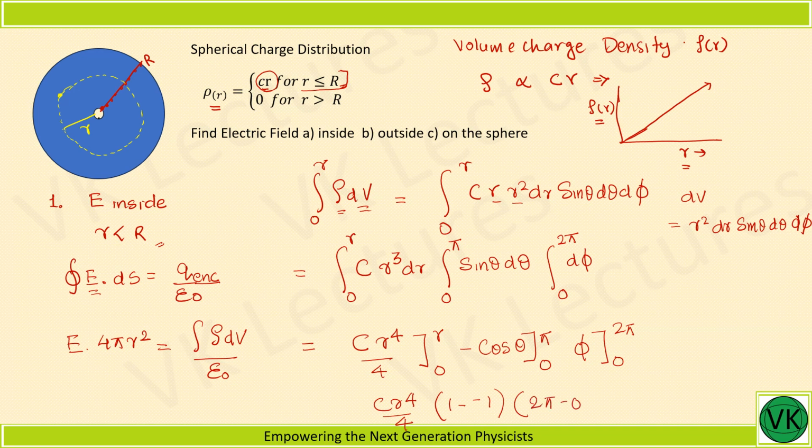So the total charge enclosed is c r to the power 4 by 4 into 2, and 2 into 2 pi is 4 pi, so it's pi c r to the power 4. This is equal to Q enclosed.